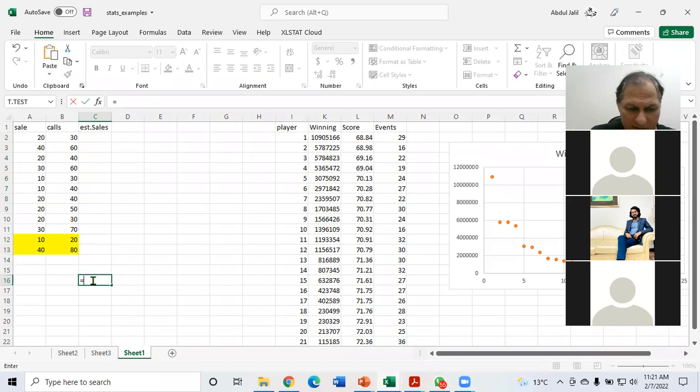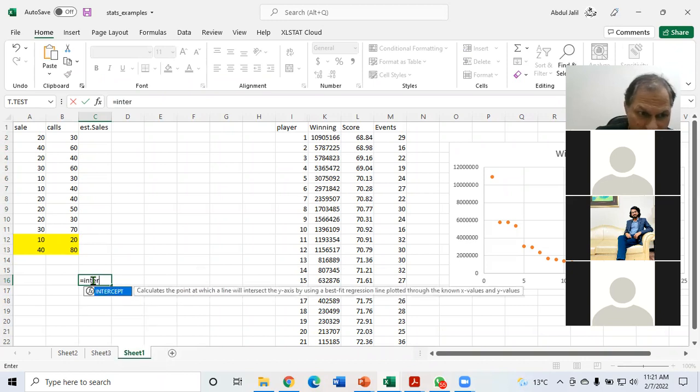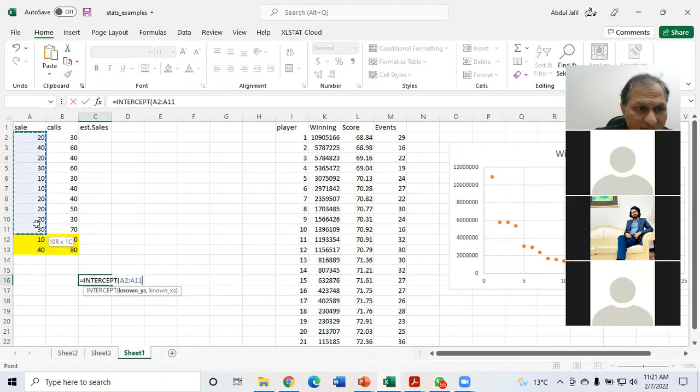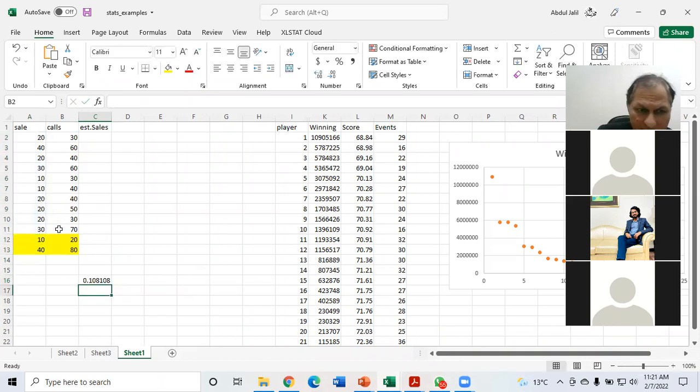Equal. First you will write intercept, and for intercept, you will identify your y variable is this one, comma, and your x variable is this one, right?